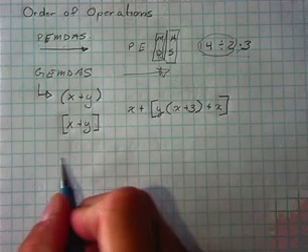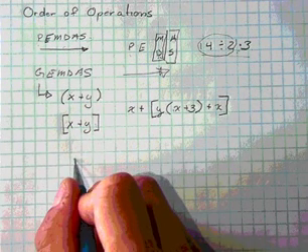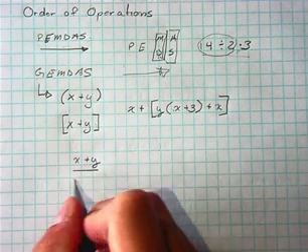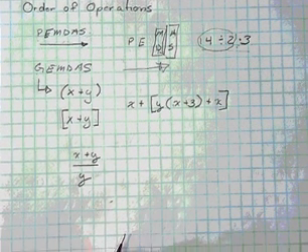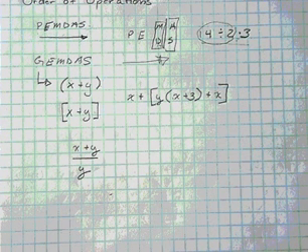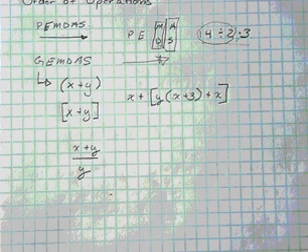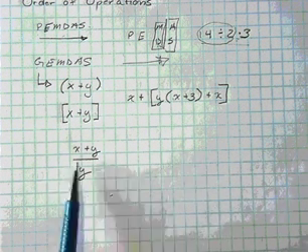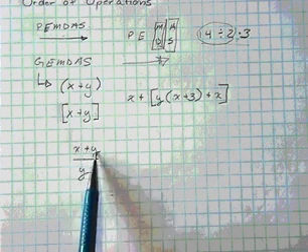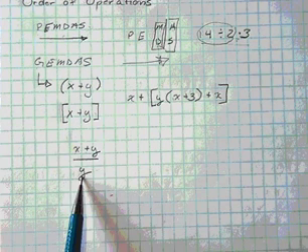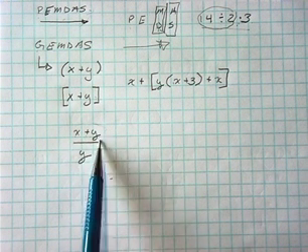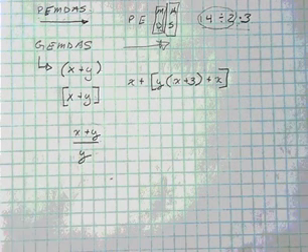The third way is by fraction. A fraction bar is just another grouping symbol. So what this says is that I've got X plus Y divided by Y. Now here's why that's grouped that way.